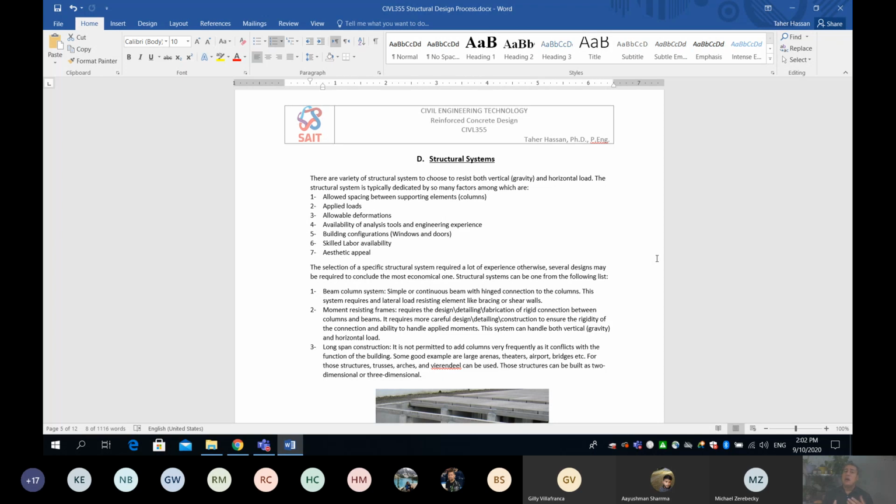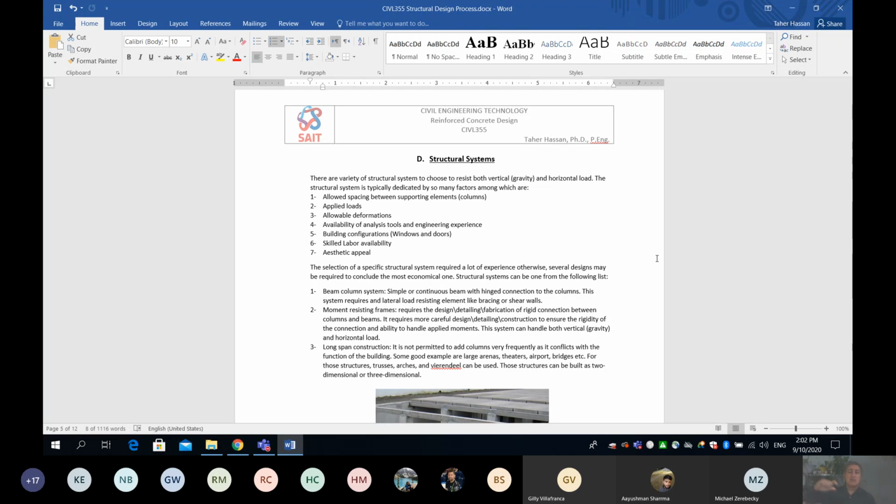So we know the economical choice. If the spacing between the columns is 10 feet, like for example in normal houses, 10 to 15 feet, we know right away that it's a beam. And that's what we do.